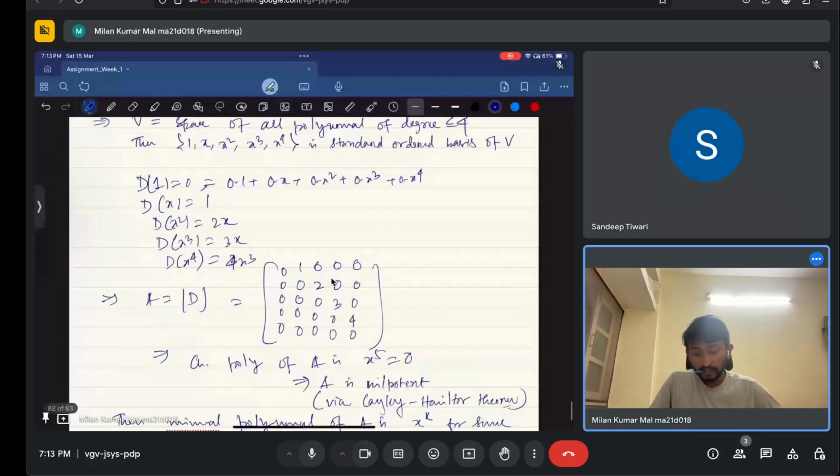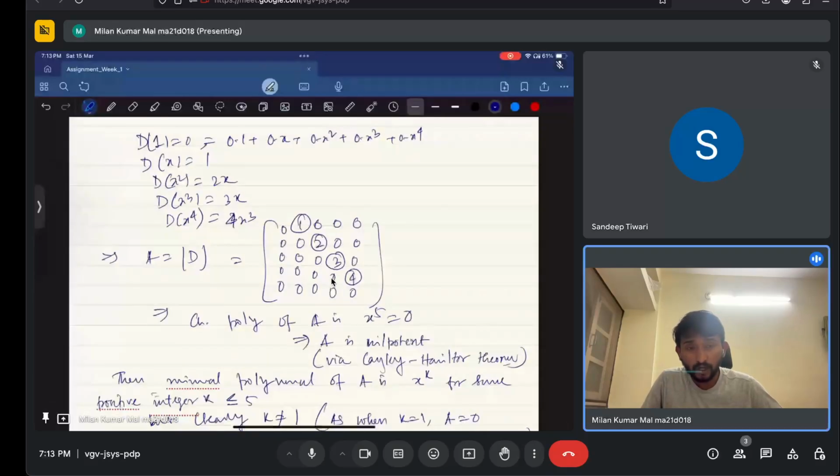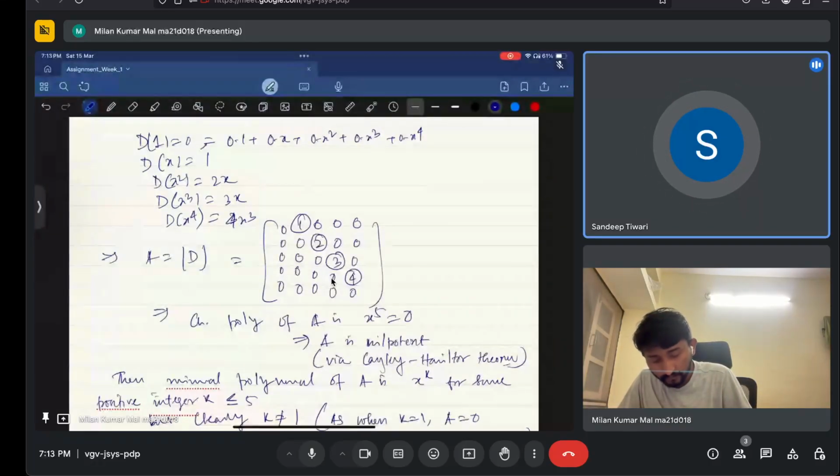So it has 4 non-zero rows which cannot be reduced even after row reduction, because if you add two rows, those terms still can't become 0.